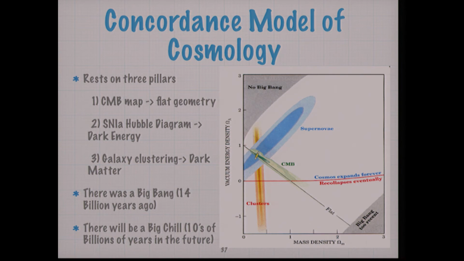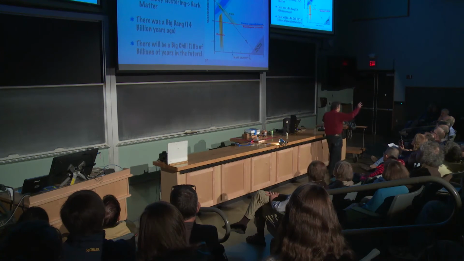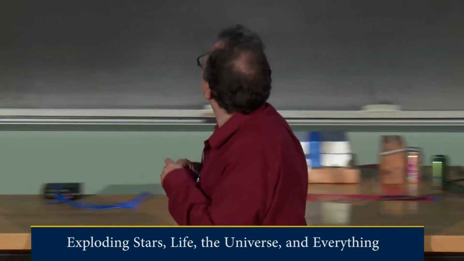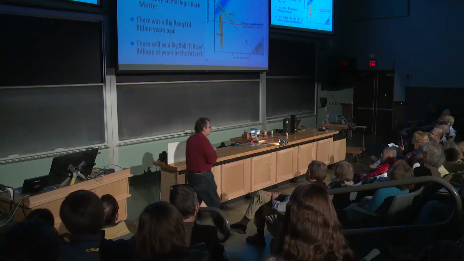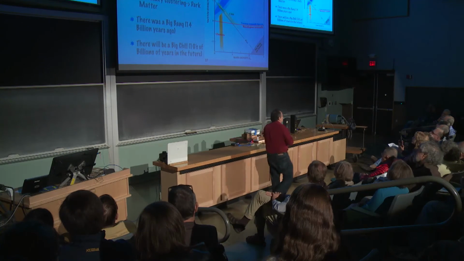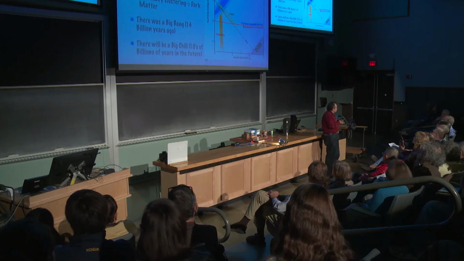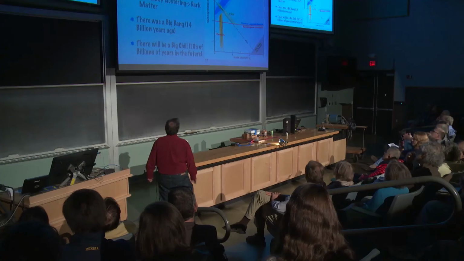The other thing is the clustering of galaxies. If you actually look out at the universe, galaxies are not distributed uniformly. They like to cluster together. And that turns out to be a measurement of the mass of the universe, and it reveals that most of the mass of the universe is a form of matter that we don't really know what it is. And it gets the name of dark matter. And that's worth another 5 or so Saturday morning physics talks, probably even more because it's one of the most active areas of modern research into this thing.